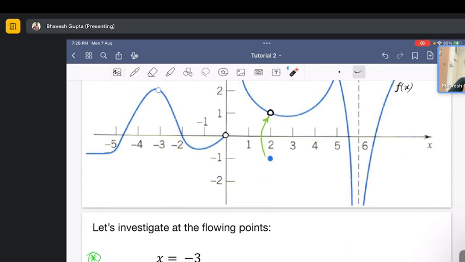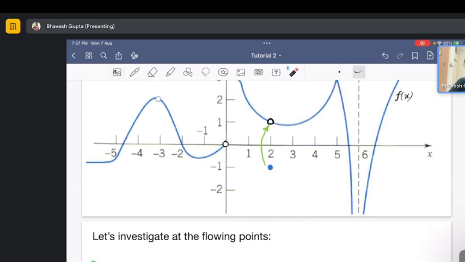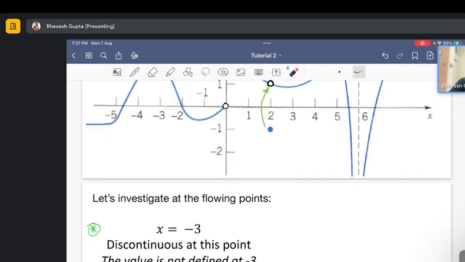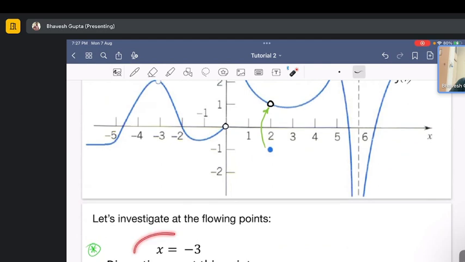So we saw two things. First, the function is discontinuous, and second, the value is not defined at minus 3. But we can remove this kind of discontinuity, right? This is removable, and I just said what to do. Just redefine my function at x equal to minus 3. Change your domain, change your range. Just add a few points, and you are done with your job.